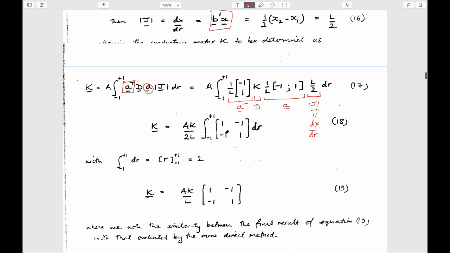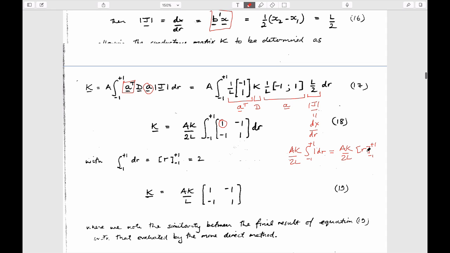If we multiply them all out, we get this. If we want to do the integrations of this, we just have to take one term, and we take that as k over 2L times the integral of 1 dr between -1 and +1. This ends up being r, which is k over 2L multiplied by r, evaluated between -1 and +1.